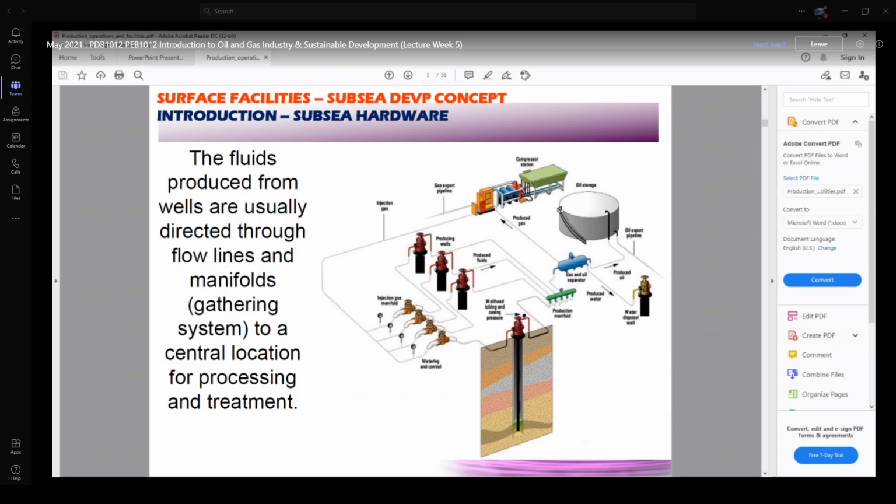From this production manifold, we direct this fluid to the common, central processing and treatment facilities. So the production from the well, hydrocarbon, goes to the production manifold, then goes to the separator, where we separate gas, oil and water.